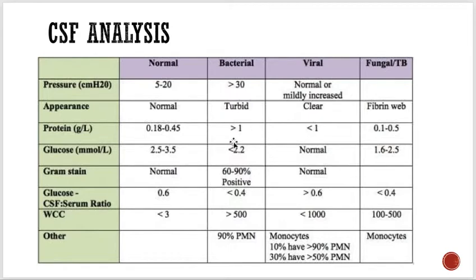There are many other conditions in which the proteins can get raised. For example, in brain abscess, when there is some hemorrhage, or in a condition called Guillain-Barré syndrome or multiple sclerosis, the proteins are raised.